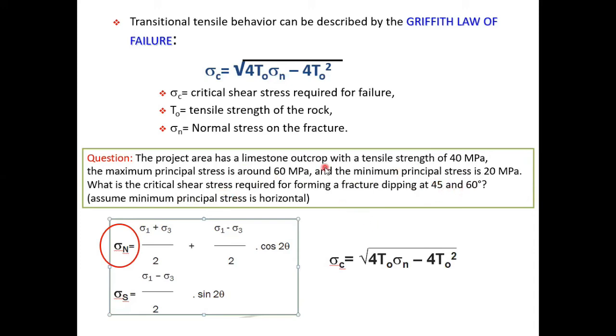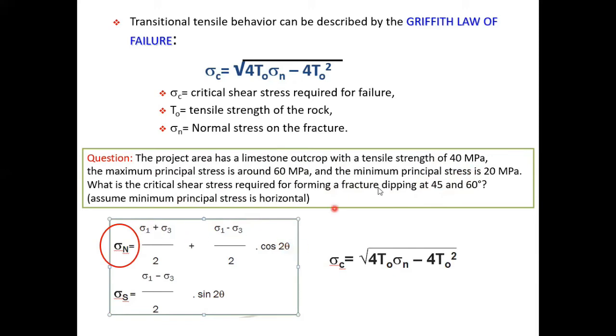For this type of question, first of all, in the equation we have normal stress, but in the question you have principal stresses, which are sigma 1 and sigma 3. So first you have to calculate normal stress from these two numbers. So 60 goes to here and 20 goes to here.